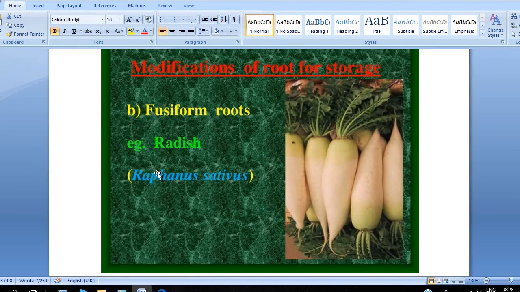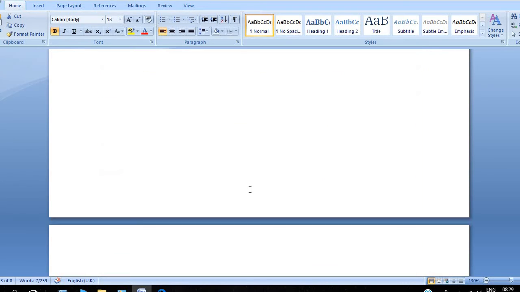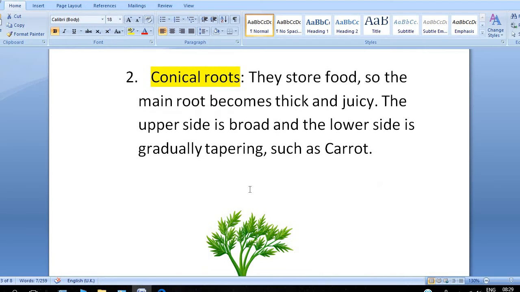The scientific name is Raphanus sativus. Okay, come to the next root. This is the conical root, and it stores food. The main root becomes thick and juicy, and the upper side is broad and the lower side is gradually tapering.